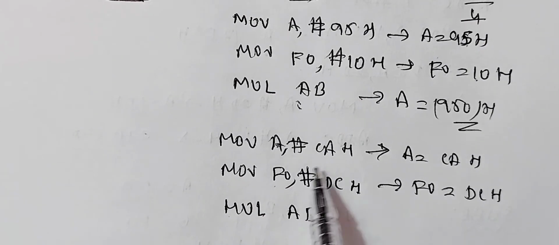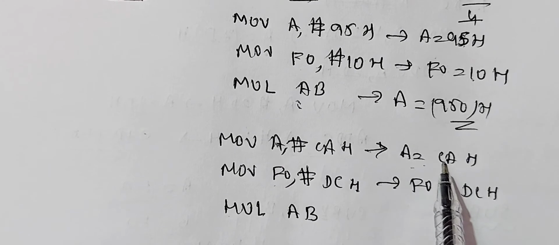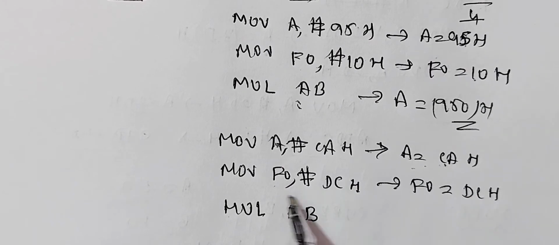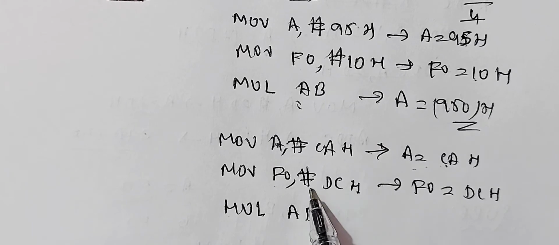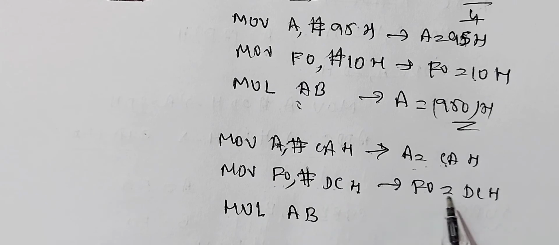Okay, MOV A comma CA: A is loaded with the hexadecimal number CA. MOV F0 comma hash DC: hash means number, DC is loaded into the register B. MUL AB. This instruction gives you the multiplication of the content present in B, that is DC, with the content present in A, that is CA.